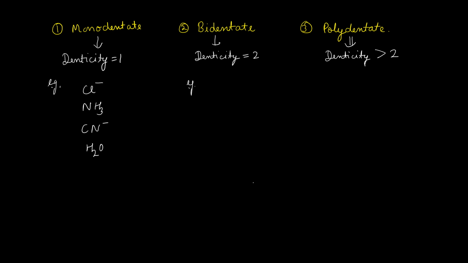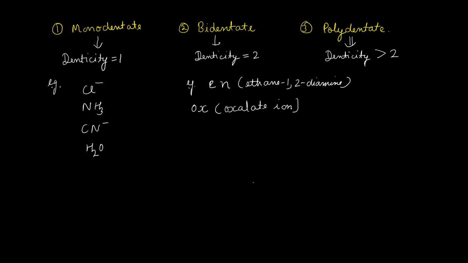Now didentate, I have shown you the example of en, that is ethane 1,2-diamine. Then another example we will discuss, the abbreviation is ox, and ox means oxalate ion.